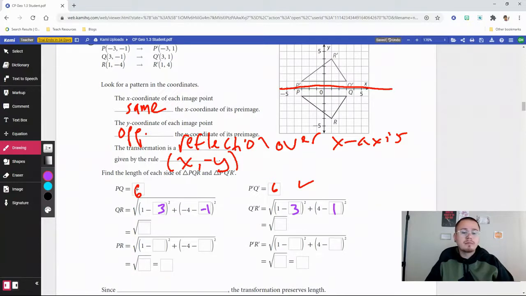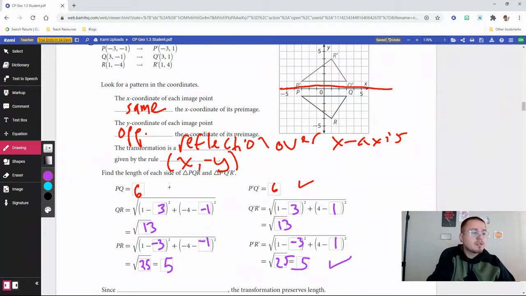I'm going to cheat a little bit because of video time, but you should do this. And then we'll plug in for PR and P prime R prime. And we get -3 and -1, and we get -3 and 1. And you should get the vibe that it's going to be the square root of 25, which is a perfect square. And you should always simplify perfect squares. And it preserves length. So we're on our path to rigid motion.